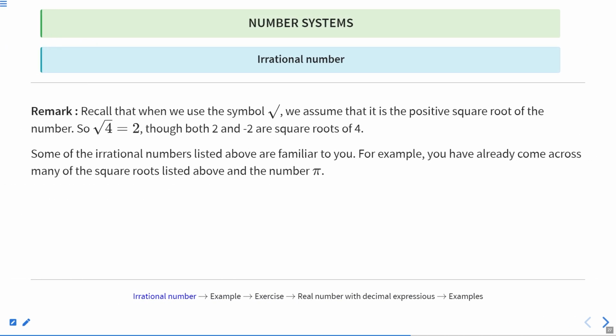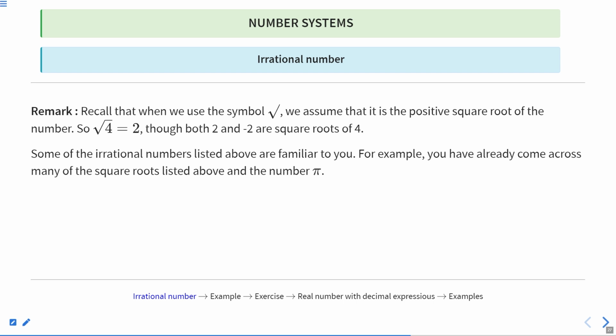Now let us see a remark. Recall that when we use the square root symbol, we assume that it is the positive square root of the number. So square root of 4 is equal to 2, though both 2 and minus 2 are square roots of 4. But we take only the positive one, so root 4 equals 2.